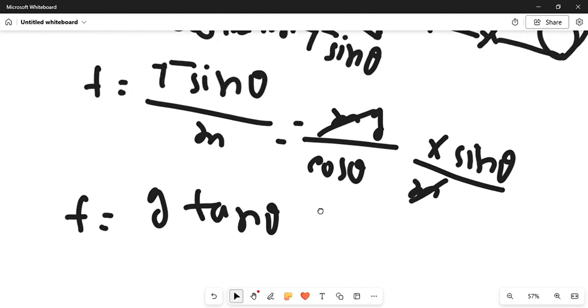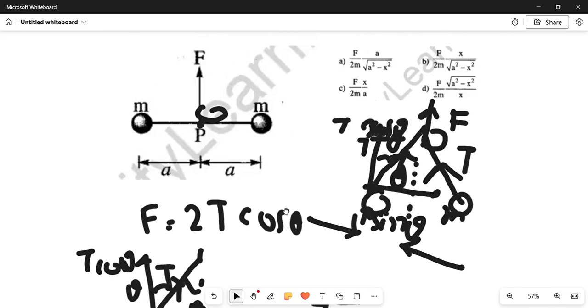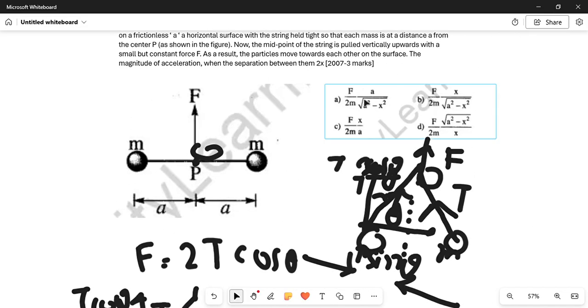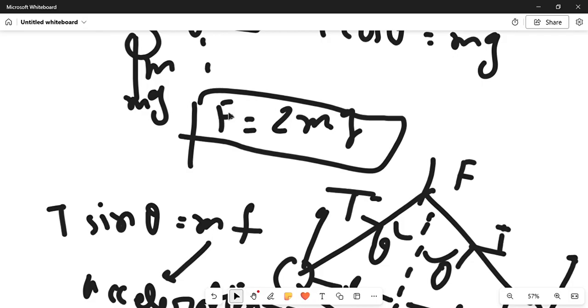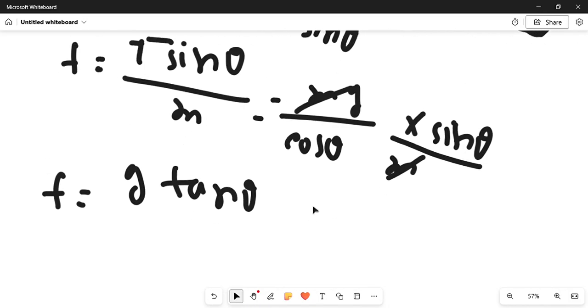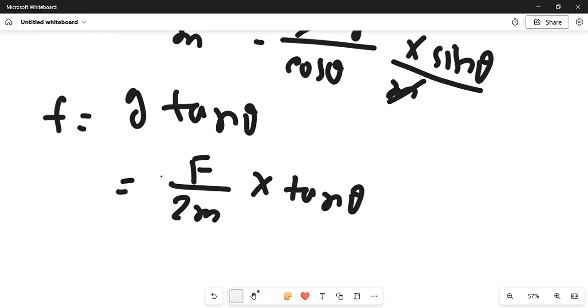And one thing: as the answer is in terms of F, m, a and x, no g is present in the answer options. So F is equal to 2mg, so g is equal to F by 2m. Just substitute this F by 2m into g tan theta.